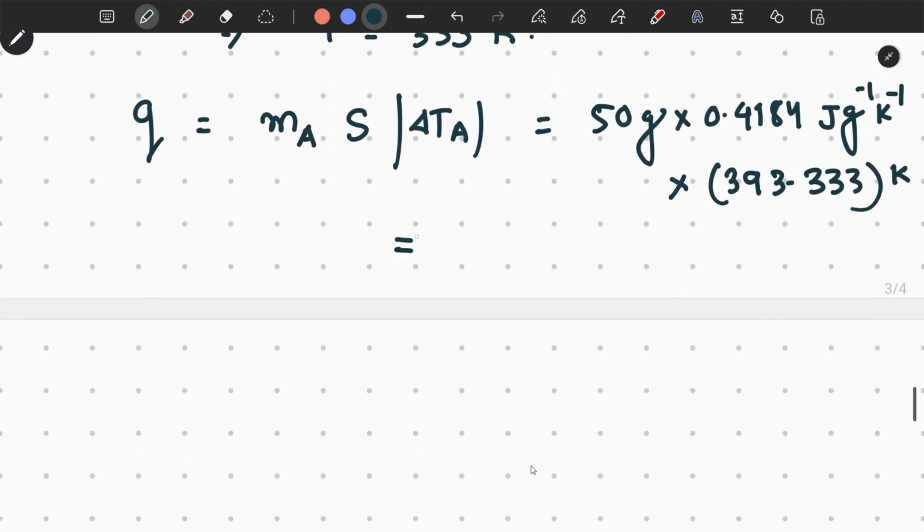So it will be straightforward because the correct unit is already considered. It is 60 into 50 into 0.4184, so it is 1255.2 joule or 1.2552 kilojoule. So this is our Q.